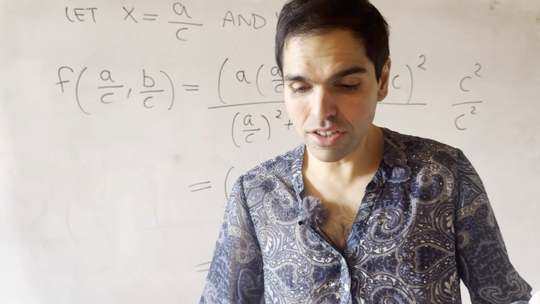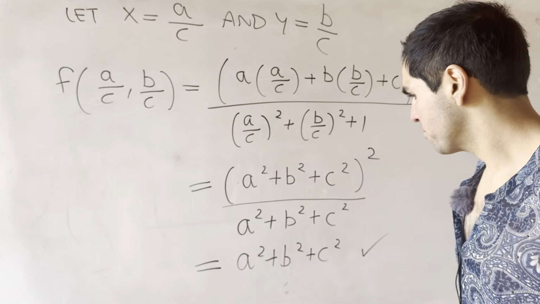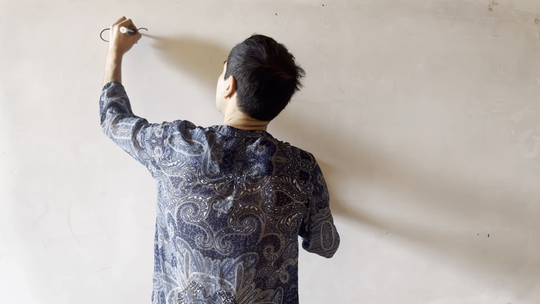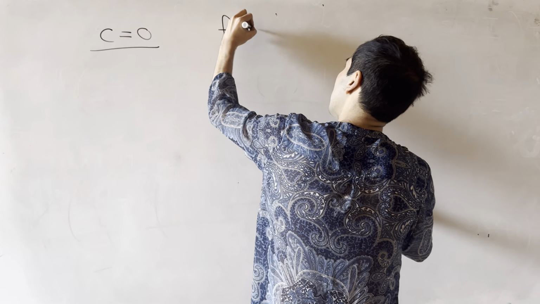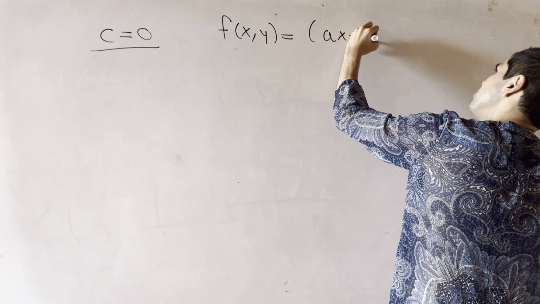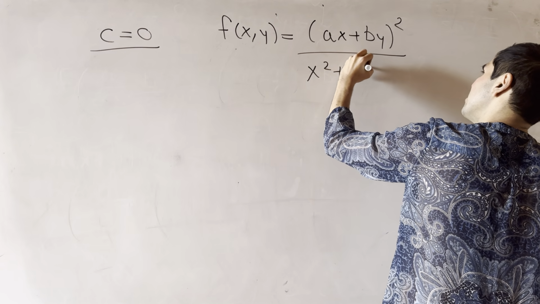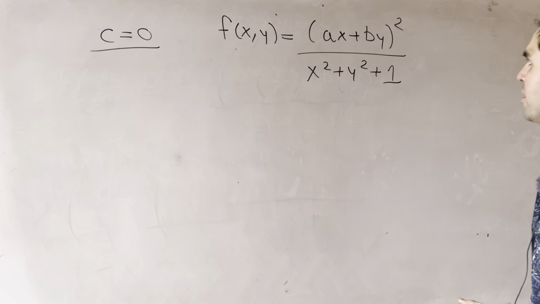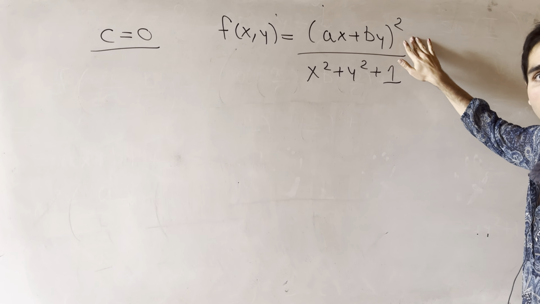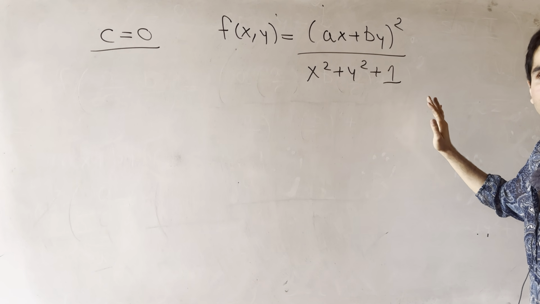The last thing just to mention is the case c equals 0. For c equals 0, f(x, y) is (ax + by)² over (x² + y² + 1). But in that case, I'm suspecting that the maximum doesn't even exist.